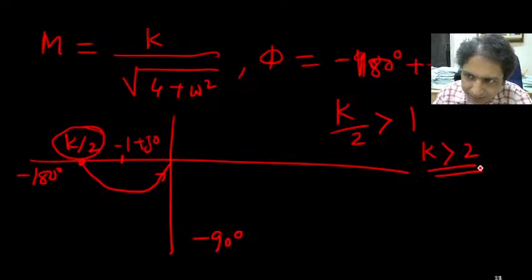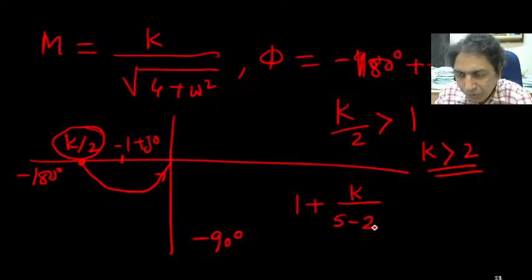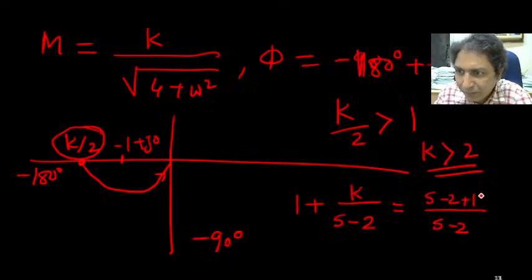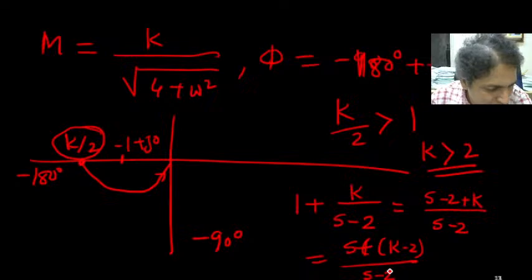Okay. Now 1 plus GSHS. What will happen? 1 plus GSHS. So GSHS I have considered k upon s minus 2. If I simplify, it is s minus 2 plus k upon s minus 2, so s plus k minus 2 upon s minus 2. Is it okay?